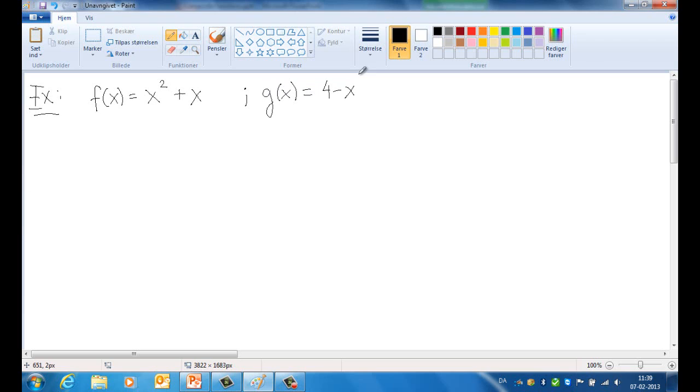Based on these two functions, f(x) and g(x), we can create a composite function. The first composite function we will look at is the function which we call f of g of x. If you recall from the notation we just discussed on the PowerPoint, what that means is that we insert the function g(x) into the initial function f(x).